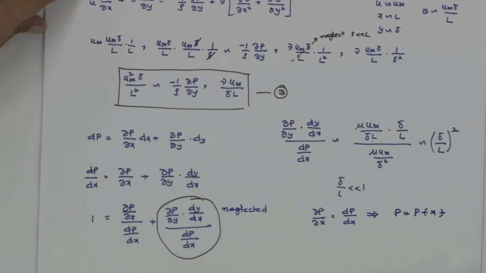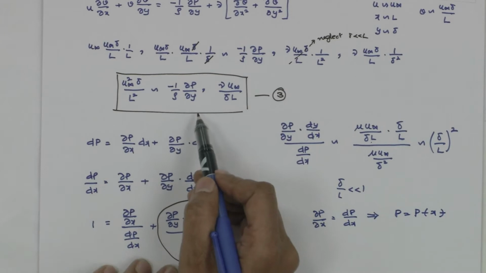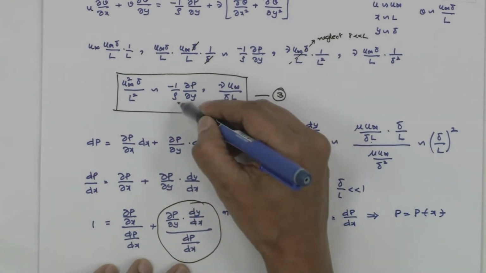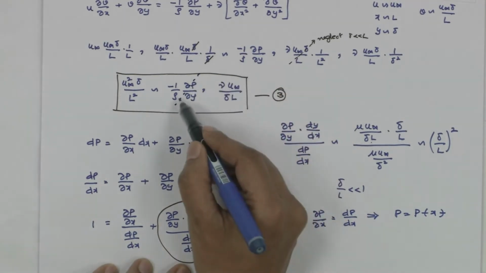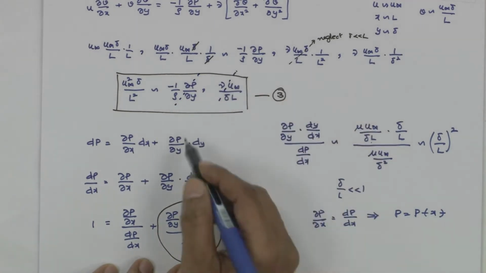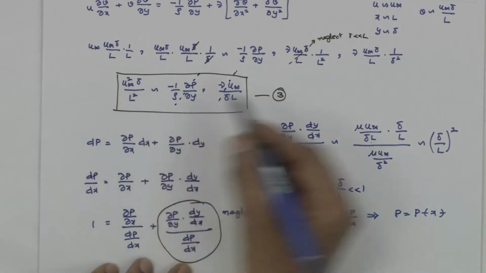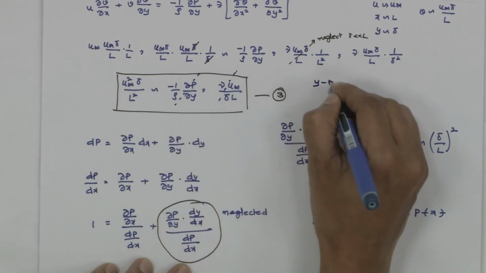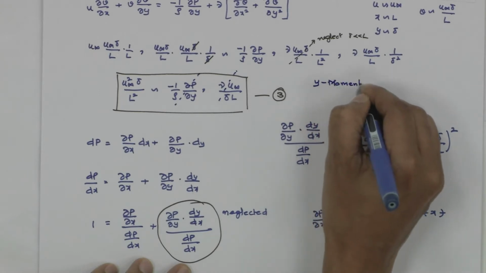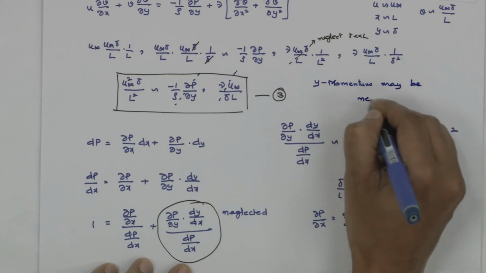Pressure is only a function of x. That means if you come back to the y momentum equation, the del P by del y term is not there. If this is not there, and I had taken both the terms to be of the same order, then the other term is also not important. If the RHS itself is not there, then there is no LHS, so that means the whole y momentum equation may be neglected.